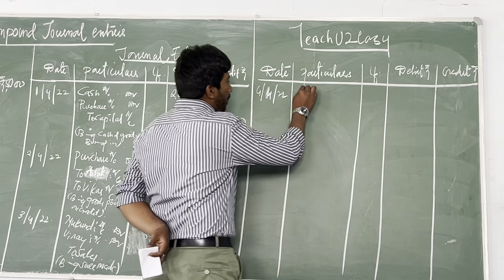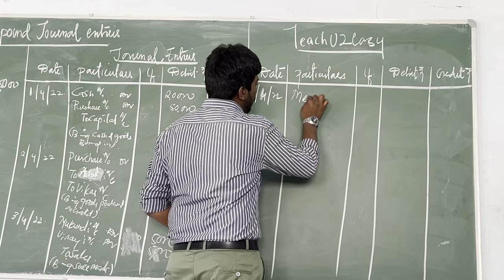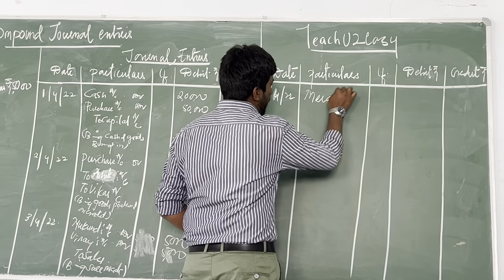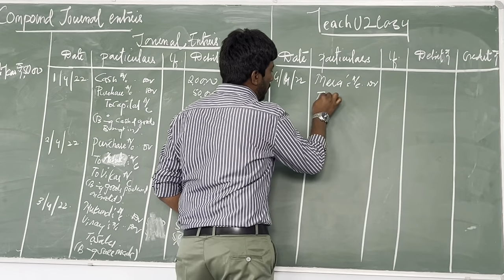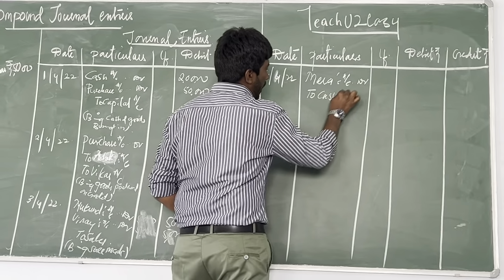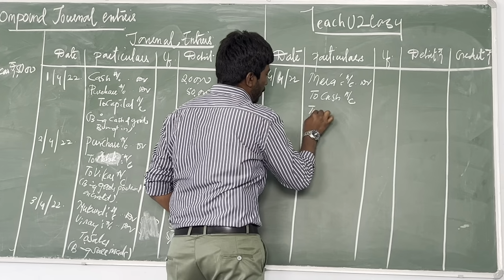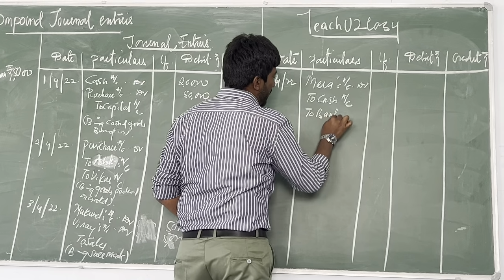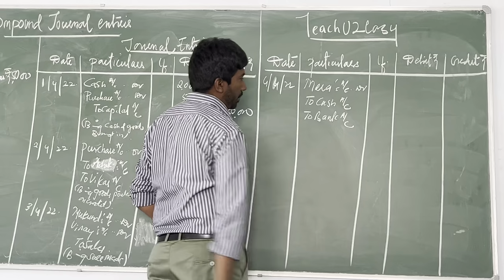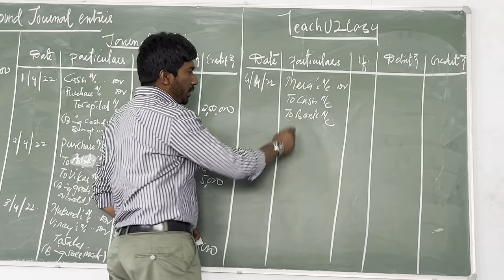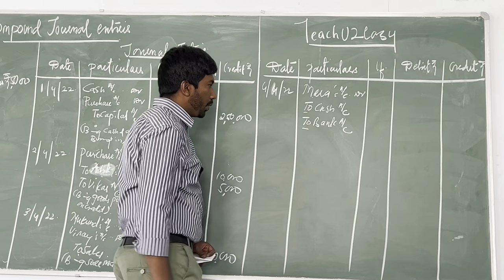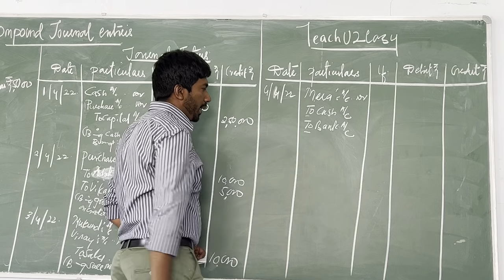Okay, so here Meera is the receiver, so Meera's account debit to cash account and bank account. Whenever there is a check, we are writing bank. So Meera is the receiver and the cash and check are going out of the business, so that's why we are crediting them.